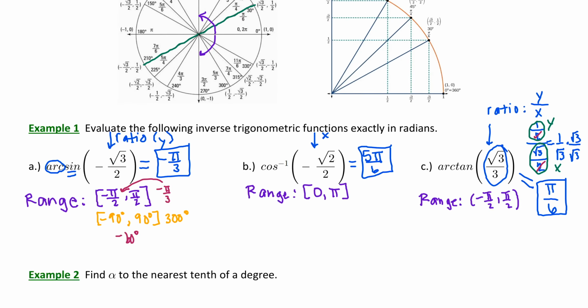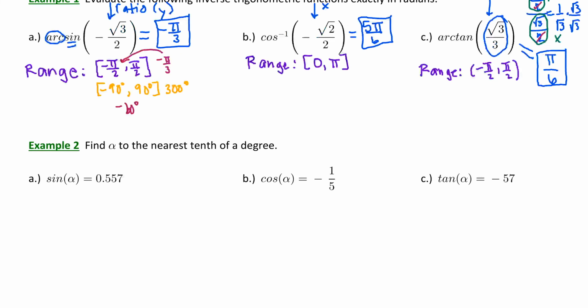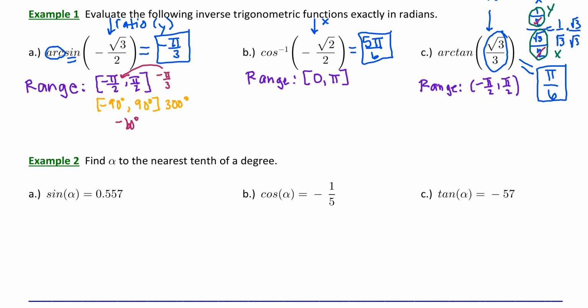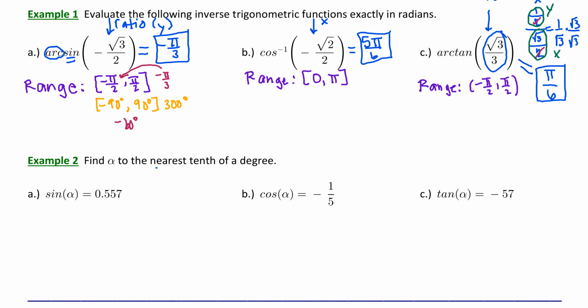Now, to finish off, we are going to look at a few that don't come out quite as nicely. These don't yield unit circle angles. On example 2, we're going to find alpha to the nearest tenth of a degree. So this gives me permission to round. So sine of some angle alpha equals 0.557, which means alpha is going to be inverse sine of 0.557.